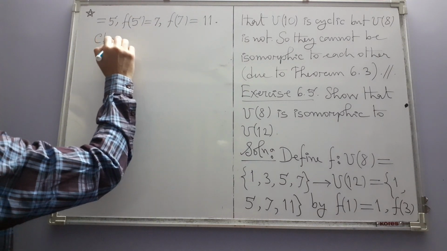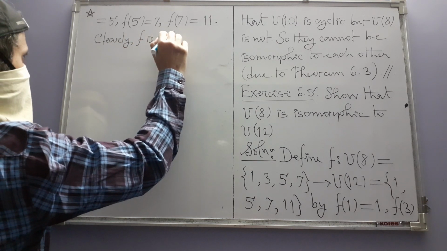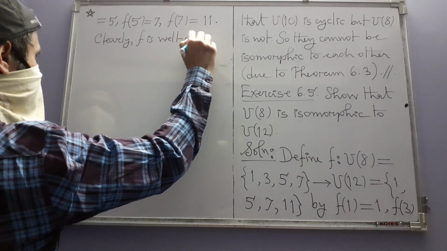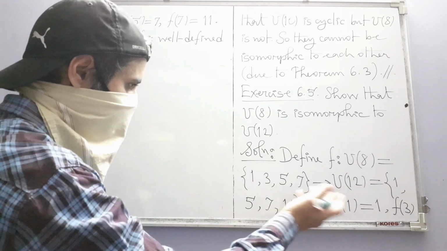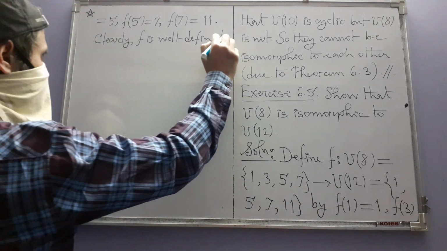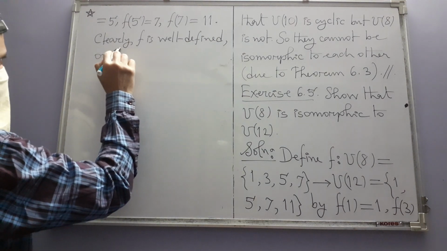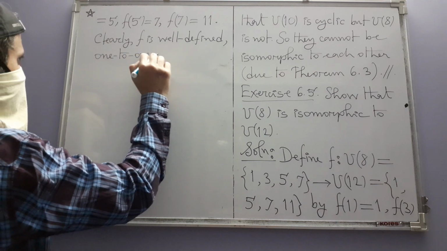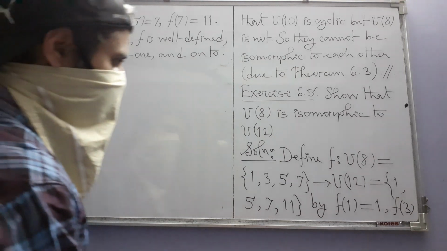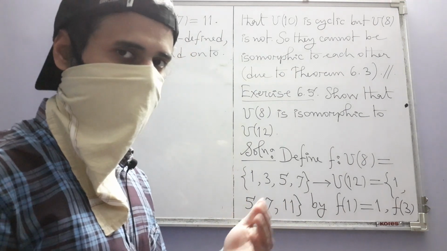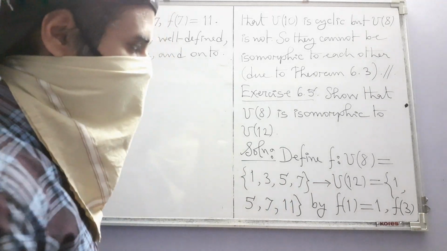Clearly, f is well defined. Of course, we can just see that both the sets are small and the entire thing is given, is well defined and also bijective, 1 to 1 and onto. So to prove that this is an isomorphism, we just have to verify that condition, that it respects the binary operations.